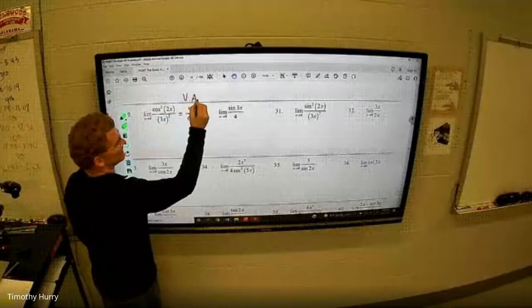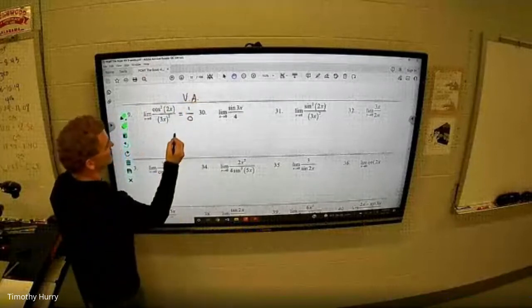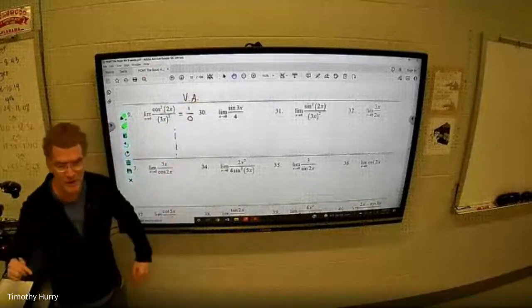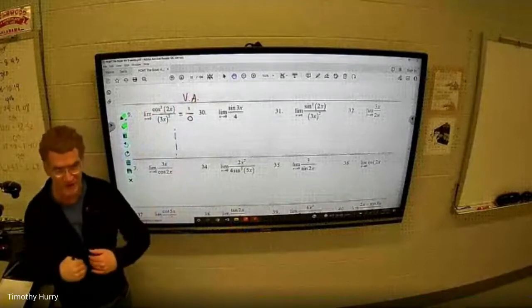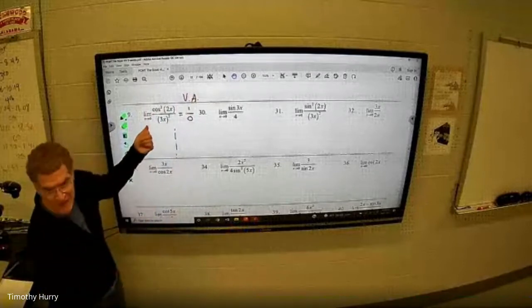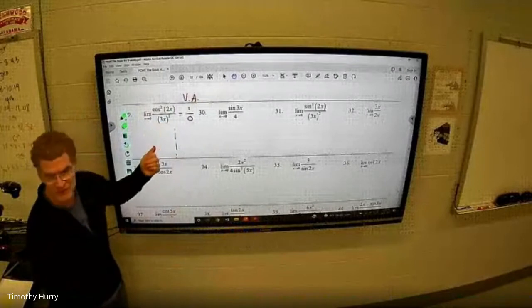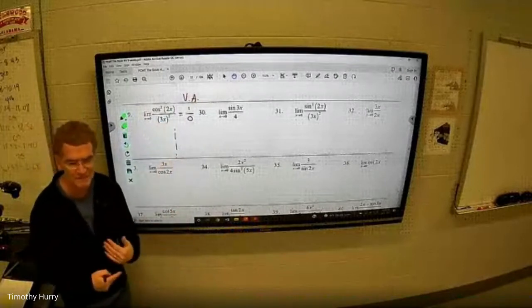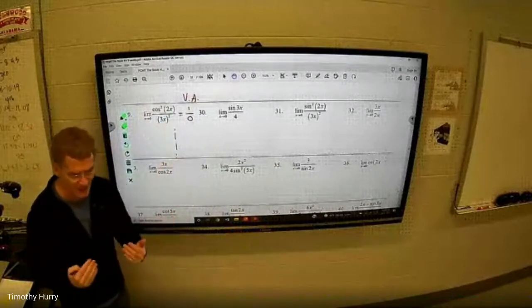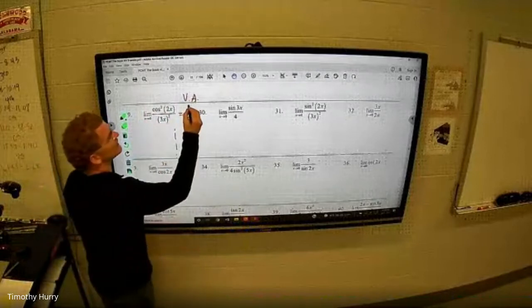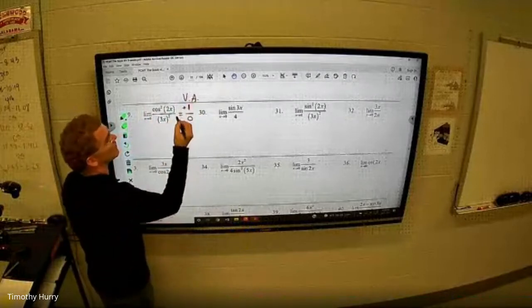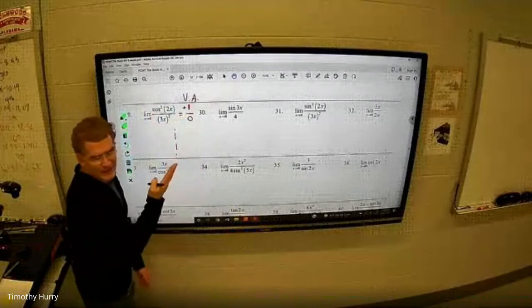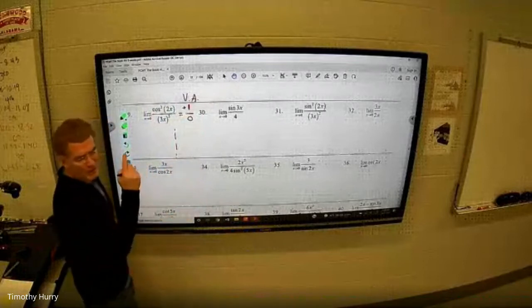There's a VA. But with any VA, I'm either going in opposite directions or the same direction, right? And I'm checking from both sides of 0, and the bottom's squared. So what does that mean? That means if I check from both sides, I'm still going to get really close to positive 1 on the top. It might be 0.999 or 1.001.